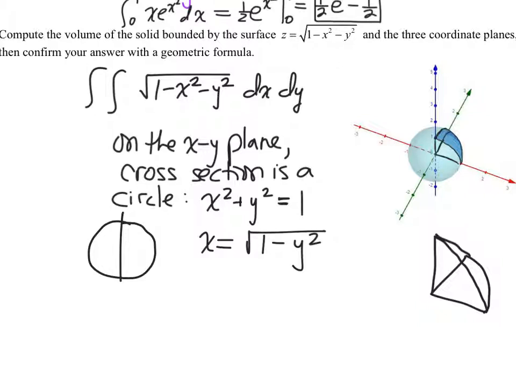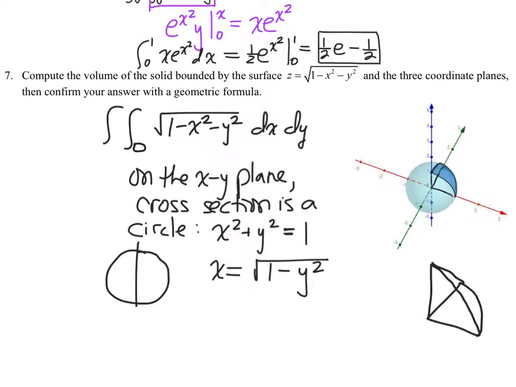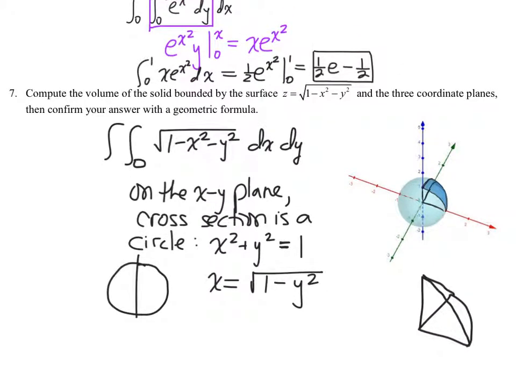All right, so what I can do is go from an x value of 0 to an x value of the square root of 1 minus y squared. No plus or minus, because if I did plus or minus here, it would go to the left and to the right.